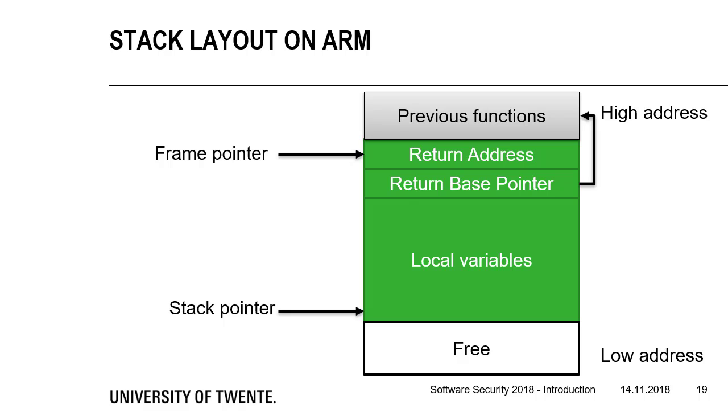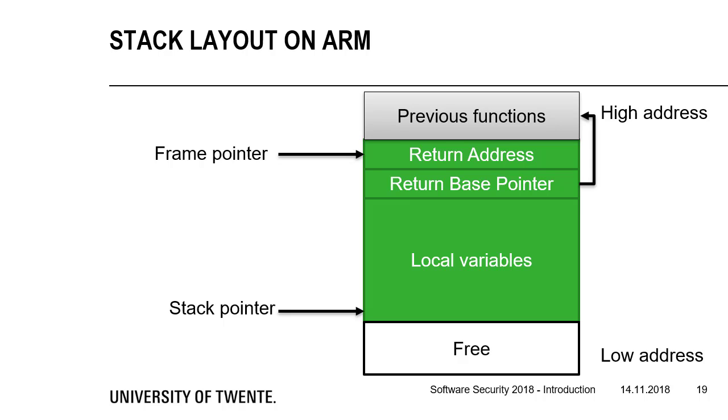In general, not just on ARM, you have a stack, and a stack has high and low addresses. A stack starts growing from the high address towards the low address. Every time you call a function in a C program, a new stack frame is allocated. The size of the stack frame depends on how many local variables this function has.